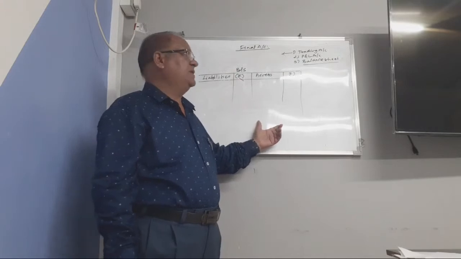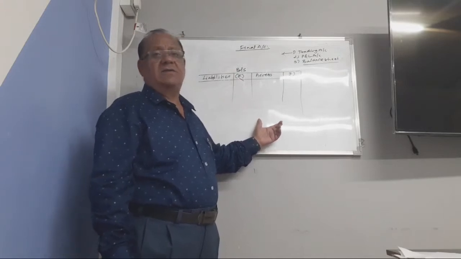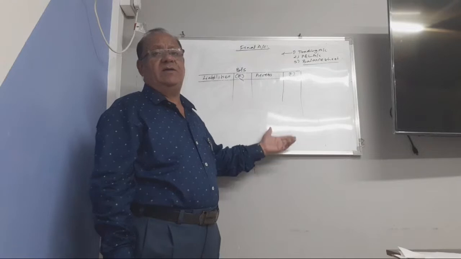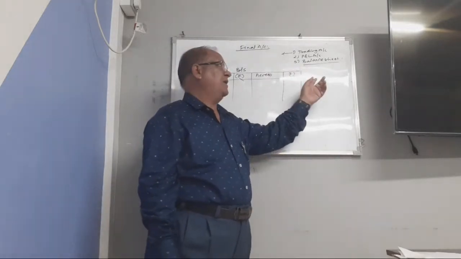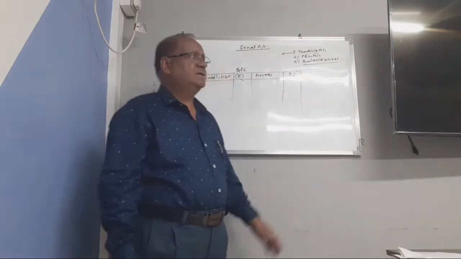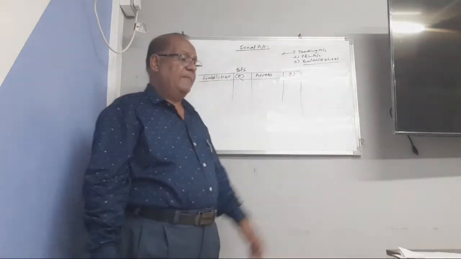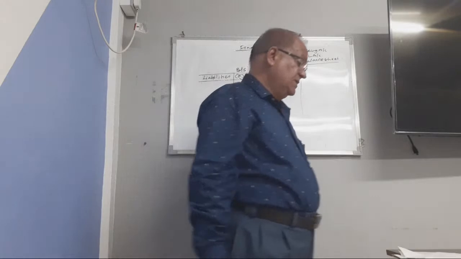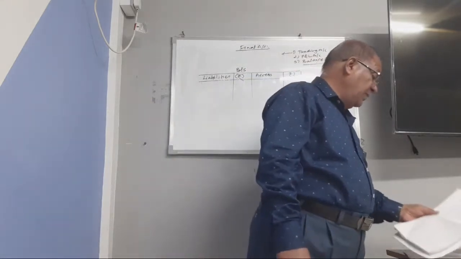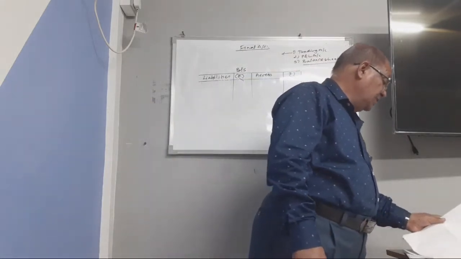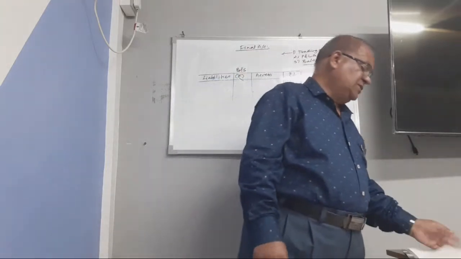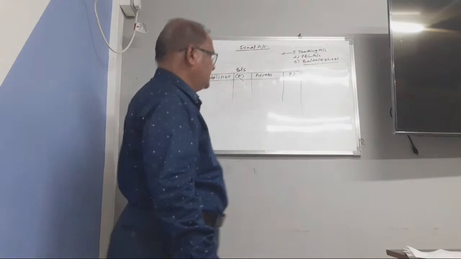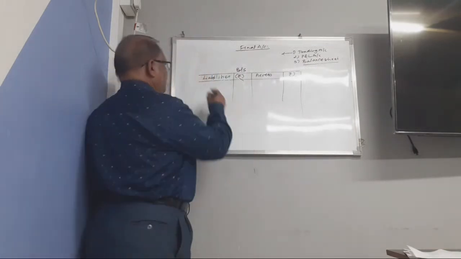Or in simple words, final accounts are those accounts which are prepared at the end of the accounting year by means of trading account, profit and loss account, and balance sheet. After seeing this, they may ask us a problem: give the specimen of a balance sheet. If they ask for the specimen of a balance sheet for 5 marks, we write here capital.